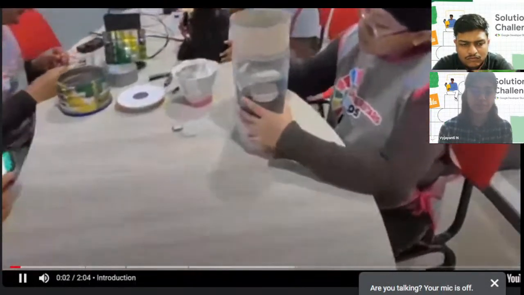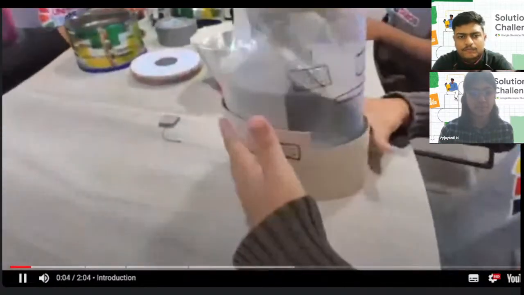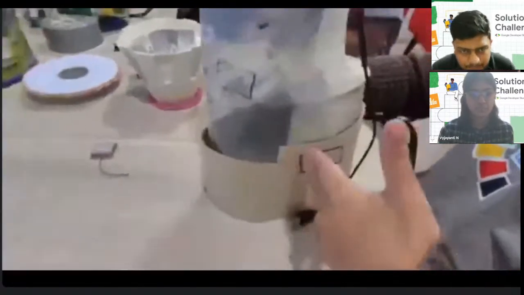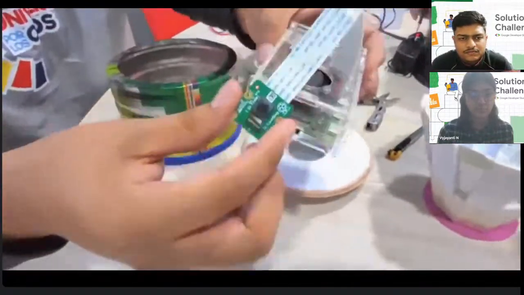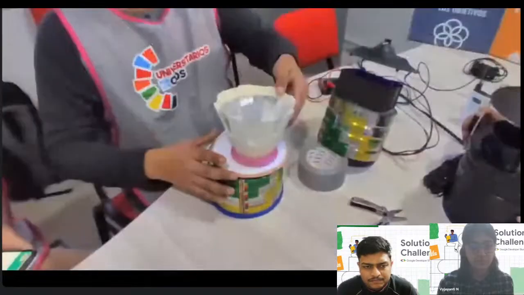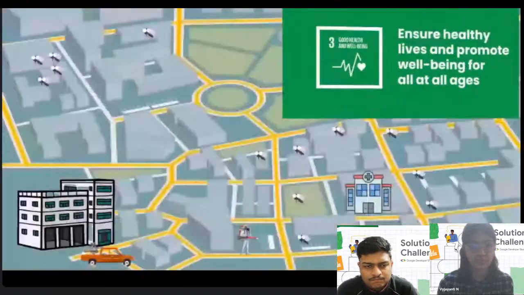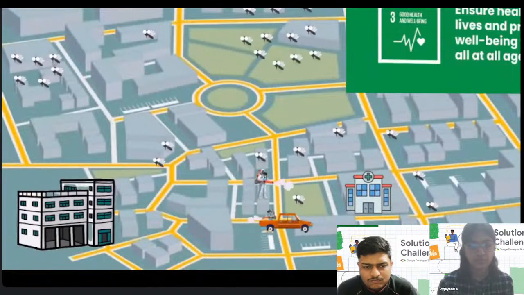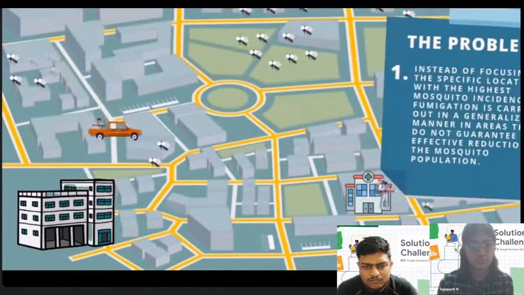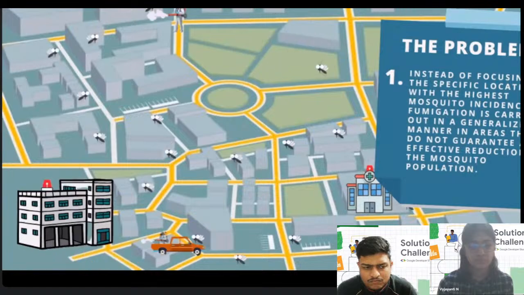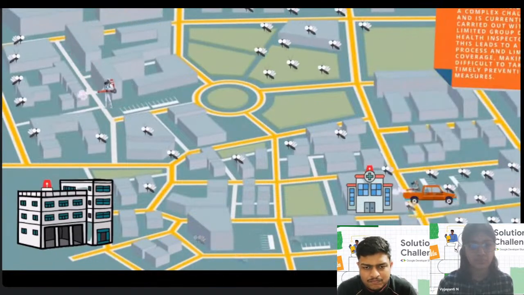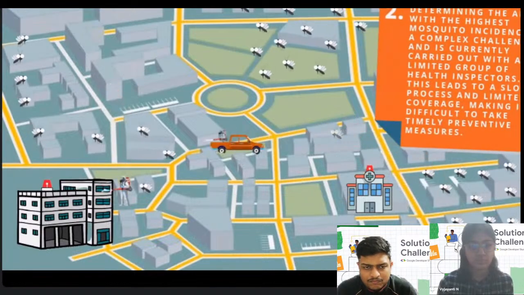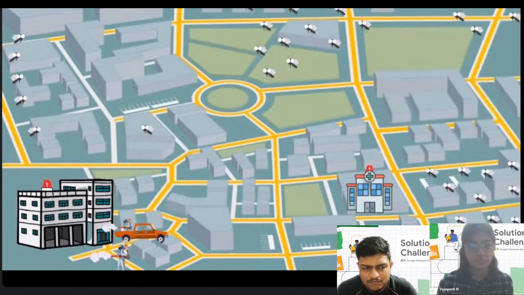Hello, welcome to the presentation of BuzzBusters, the solution we are developing to combat the dengue epidemic in Santa Cruz de la Sierra, Bolivia. We are a team committed to Sustainable Development Goal number 3, good health and well-being. One of the main causes is that current control measures, such as fumigation, are not being carried out accurately and efficiently. Instead of focusing on specific locations with a higher incidence of mosquitoes, fumigation is being done in a generalized manner in areas that do not guarantee an effective reduction of the mosquito population.